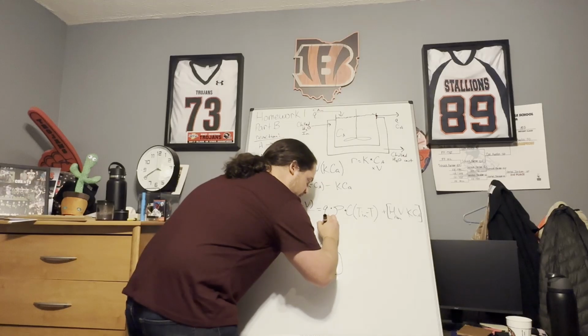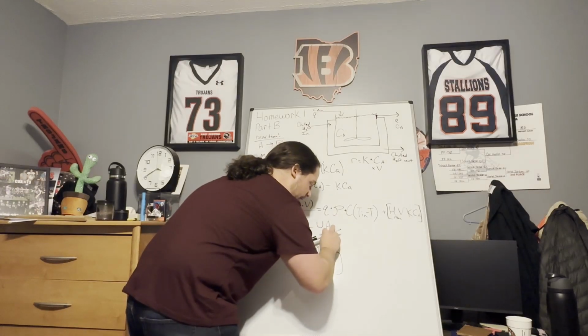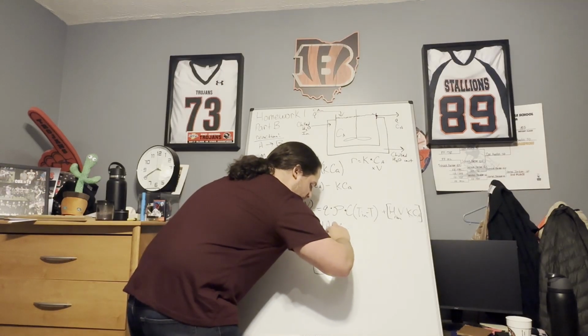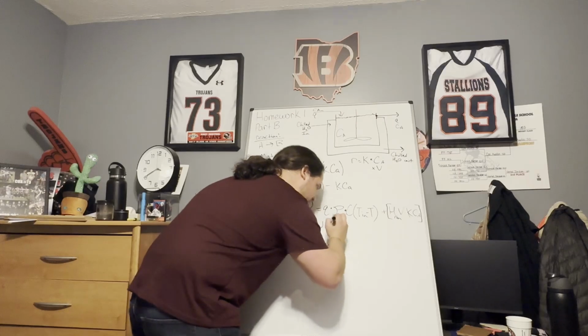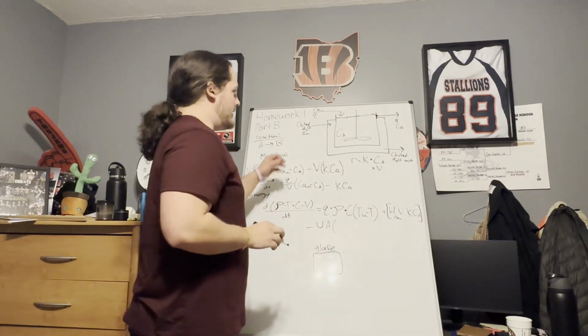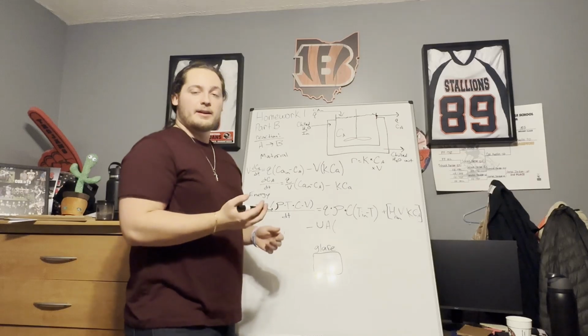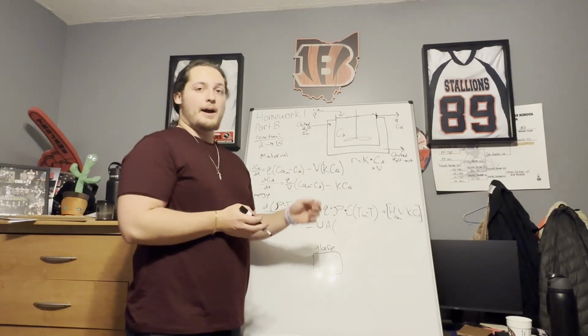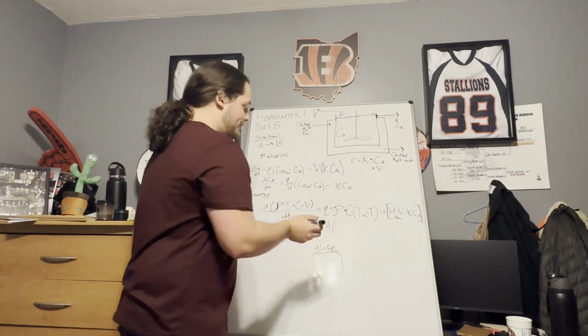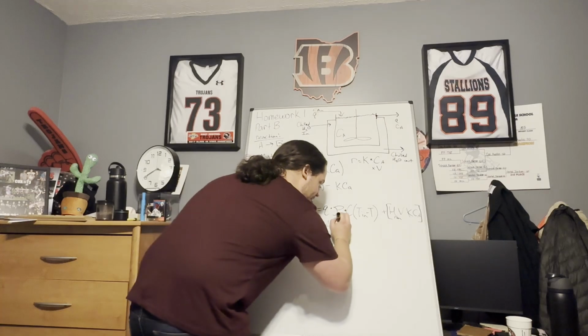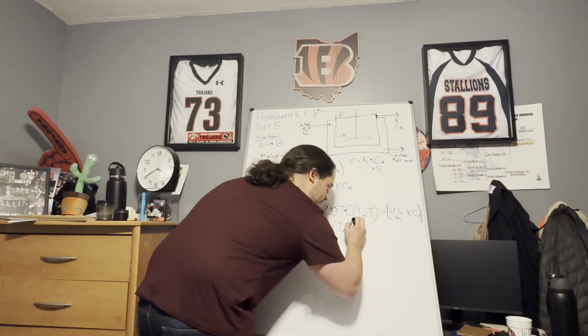So we have minus U times A for our area, and then this is going to be multiplied by the temperature of our chilling jacket, and then subtracted by the outlet temperature. So we have Tc minus T.